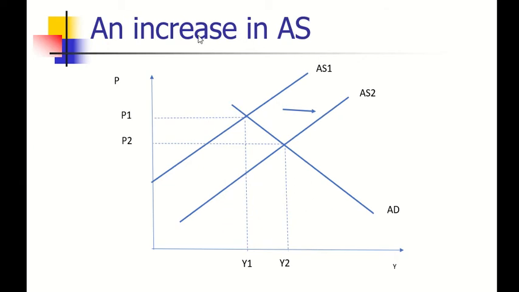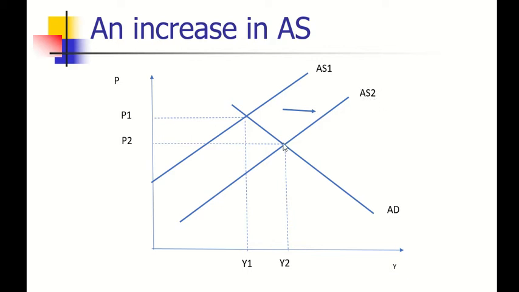And then next, an increase in aggregate supply. So we are here initially. With an increase in aggregate supply, a rightward shift of the aggregate supply curve, we now have a new aggregate supply.